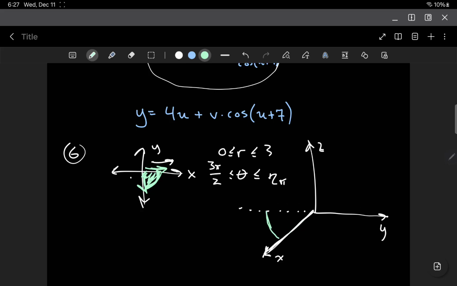If we go out 3 units, 1, 2, 3, in each bit here, we see that this is the quarter of the circle that's covered. All right, the rest of it would be around here. But this is the quarter that's covered.